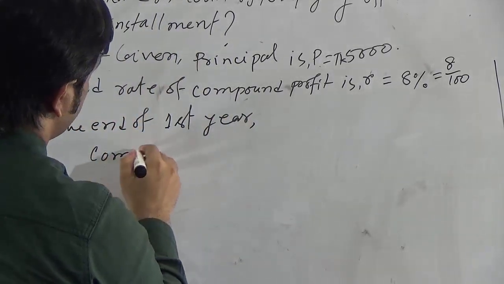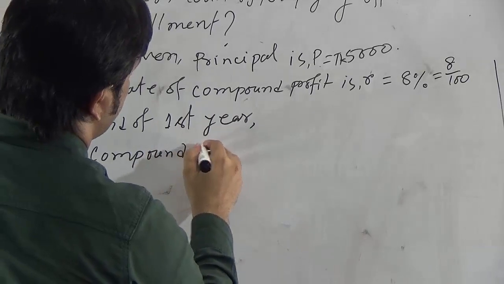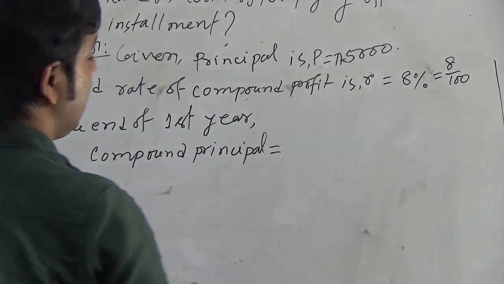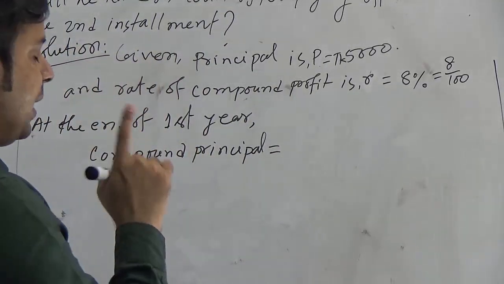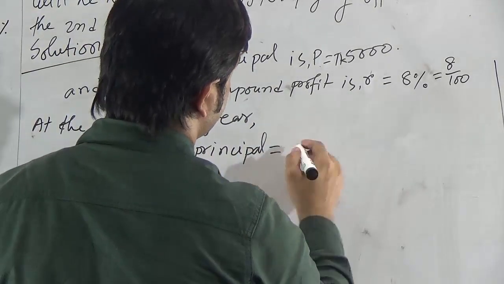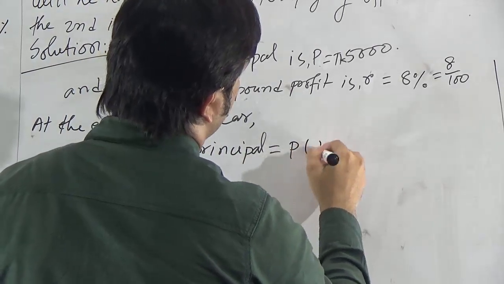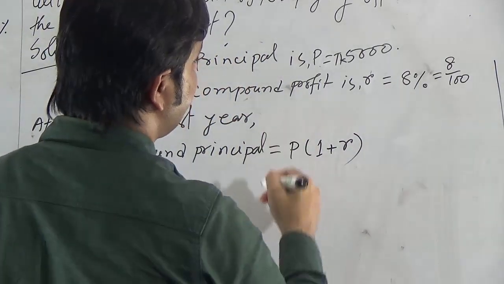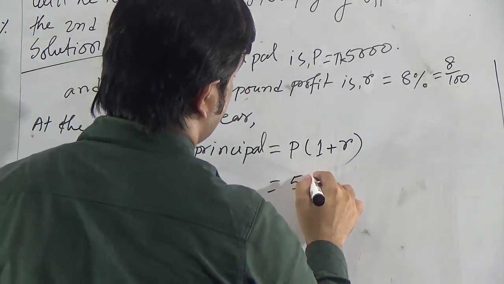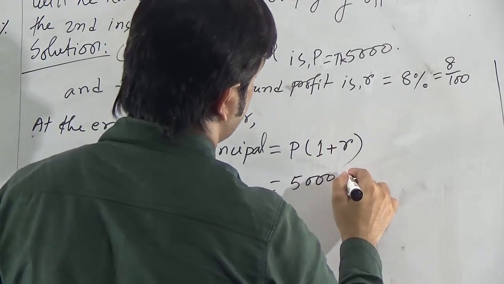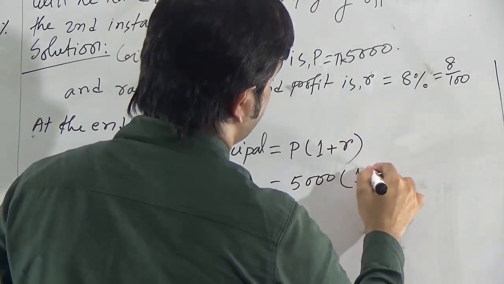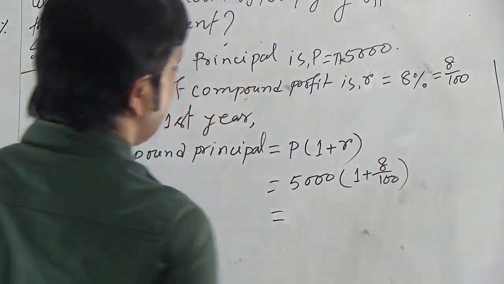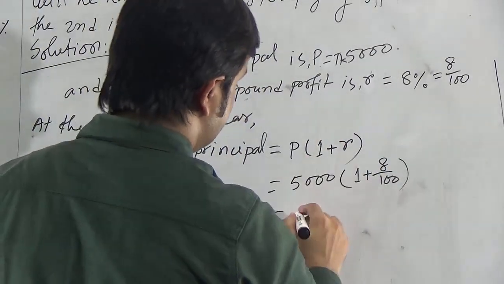Compound principal will be equal to, as this is the first year, so only 1 year here, P into 1 plus R only. Now put the value of P here, that is 5000, and the value of R is 8 by 100.